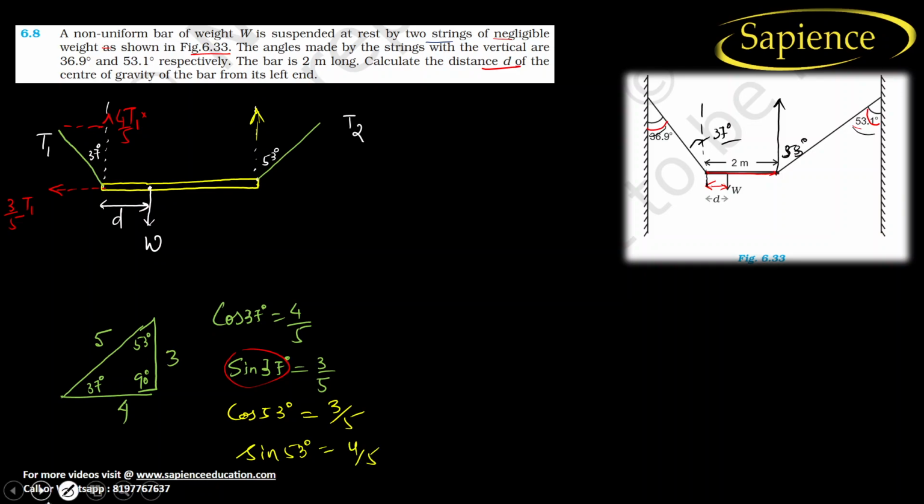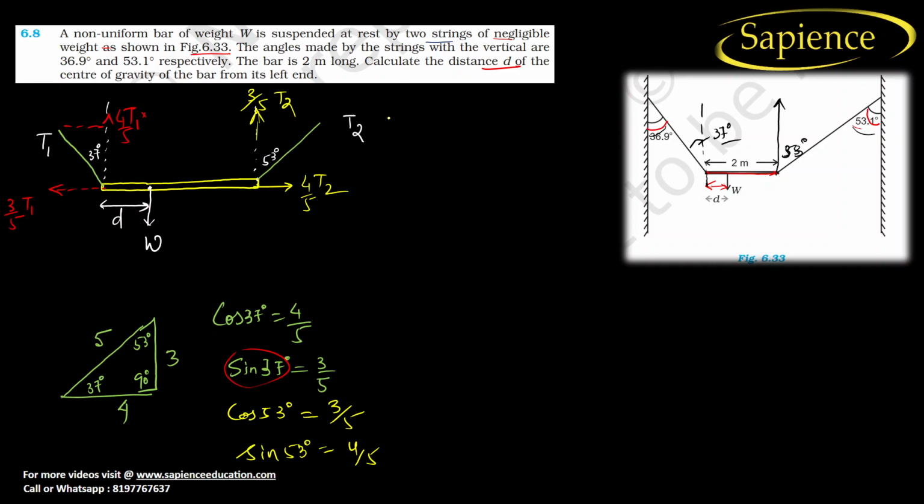By using this we get the components: T2 cos 53 degrees is 3 by 5 T2, and T2 sine 53 degrees is 4 by 5 T2. So it is easily understandable now.